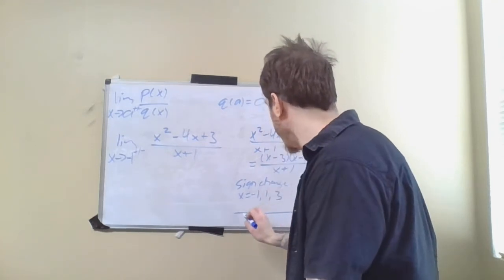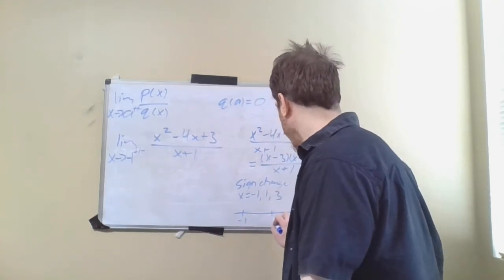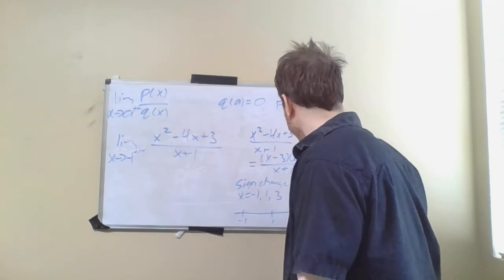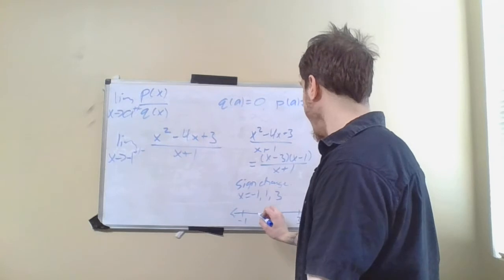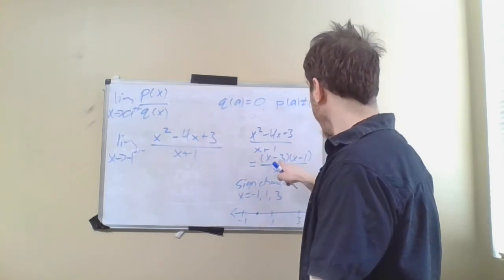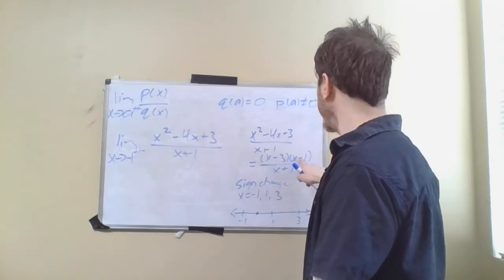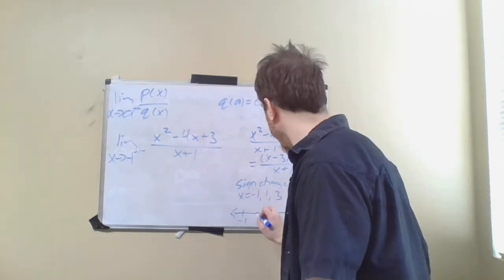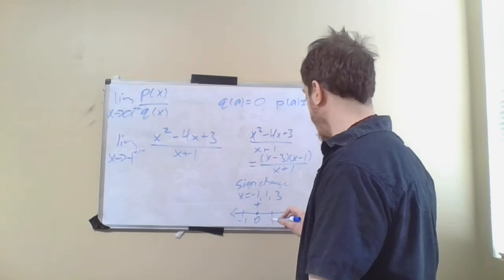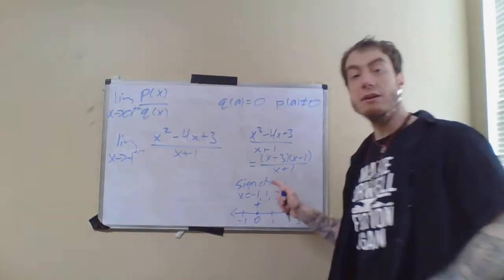Then I just need to figure out where this thing is positive and where it is negative. One way that I like to do that is I mark off negative 1, 1, and 3 on a number line, and then I think about points on the number line. At x equals 0, I would have negative 3 times negative 1, that's positive 3, divided by 1, so at 0, this thing is positive. Now, when does it change signs?